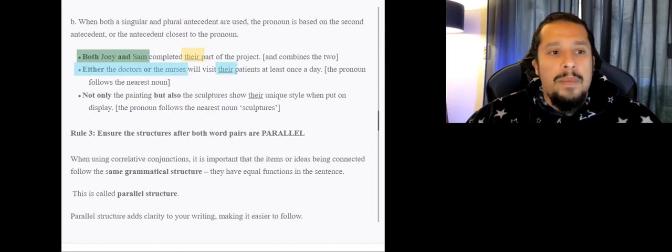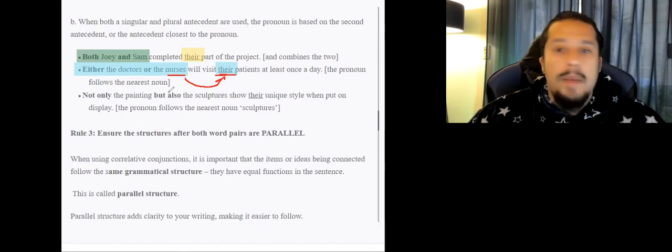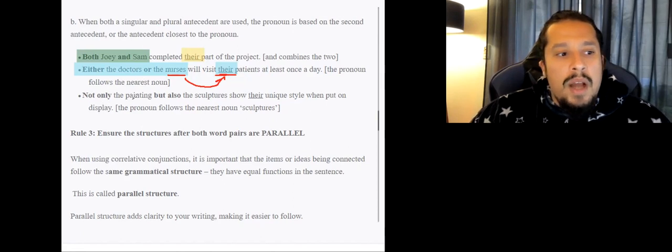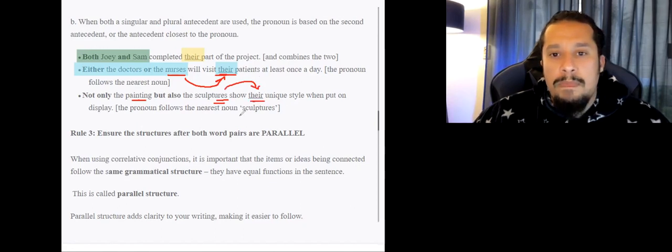So احنا قلنا the closest noun بيحكم في الpronoun برضو، زي ما احنا قلنا the closest noun بيحكم في الverb. Not only the painting, but also the sculptures show their unique style. See that? So the closest noun بيحكم في الpronoun. The closest noun برضو بيحكم في الverb.